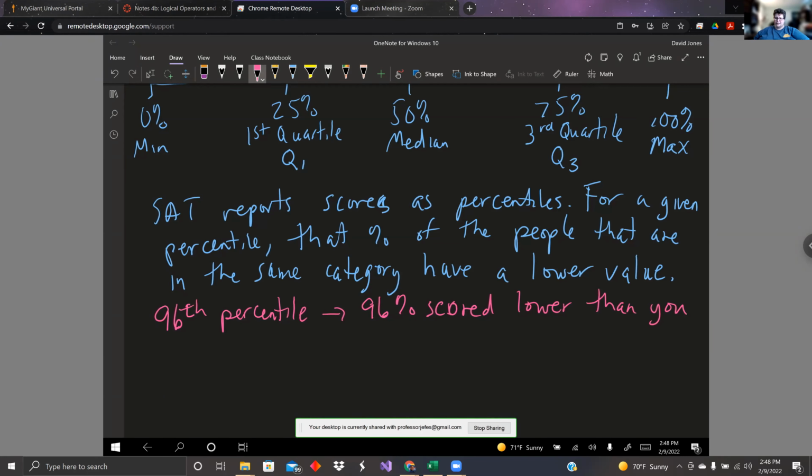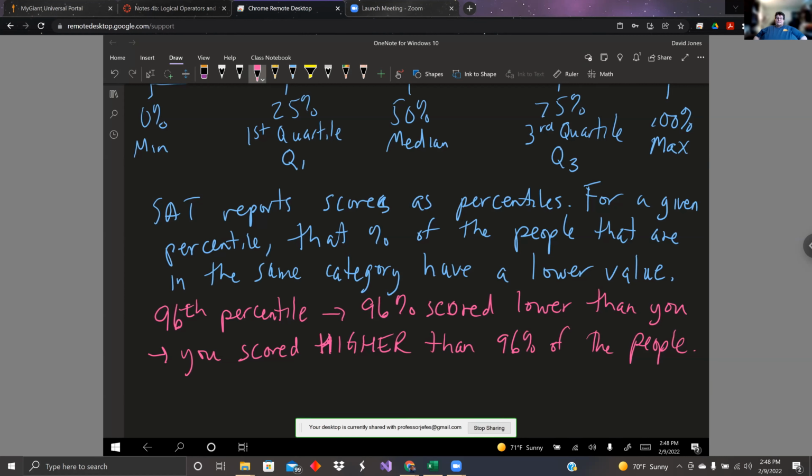And it's kind of weird to look at how other people did it. Another way of saying the same thing is you scored higher than 96% of the people. So that's how percentiles work.